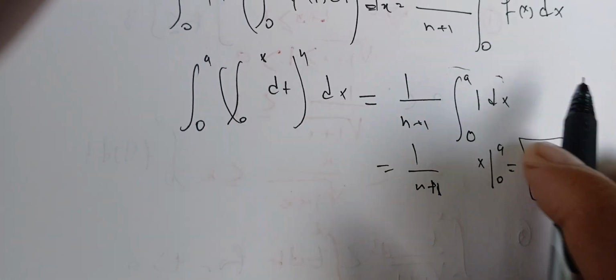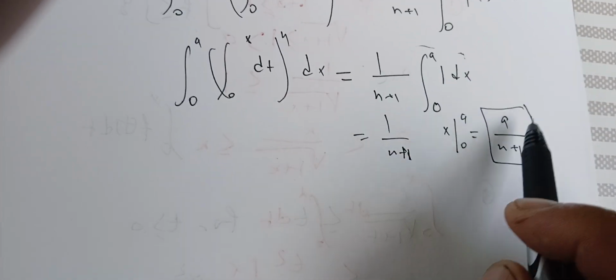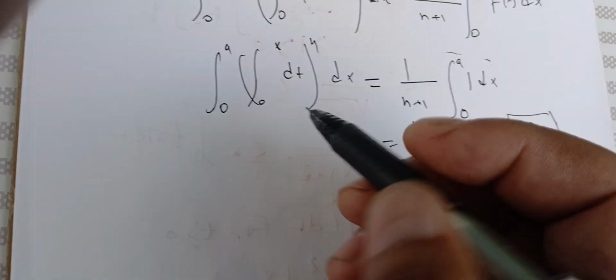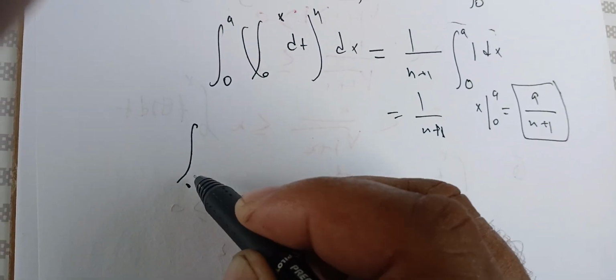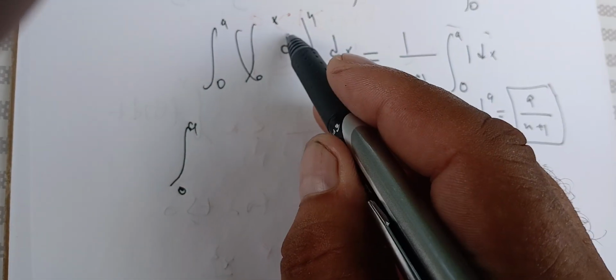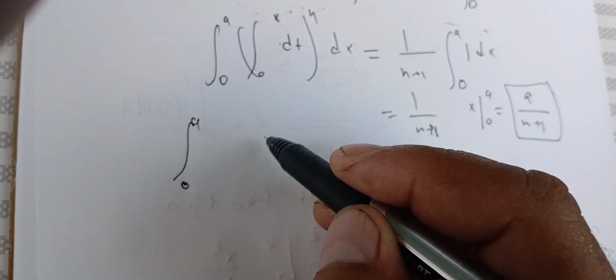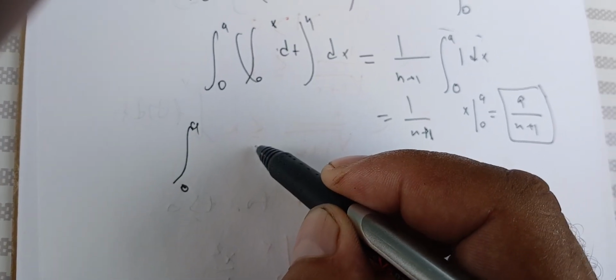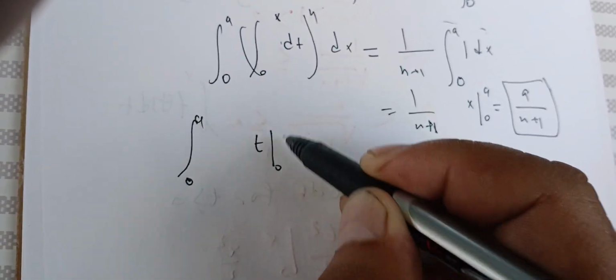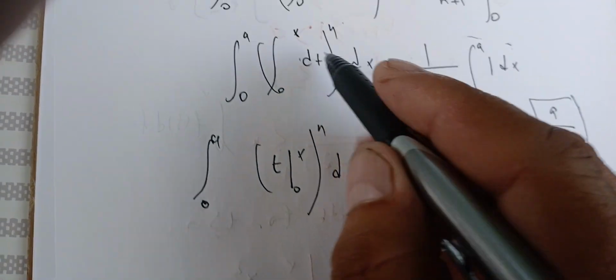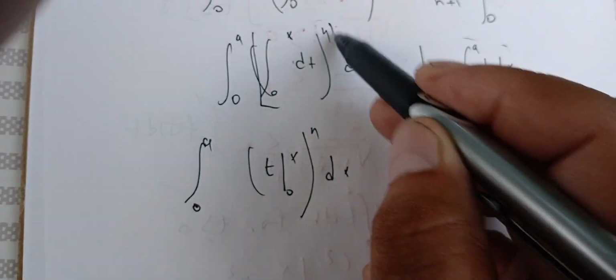So if this is true for f equals 1, then I should get the same thing here on the left side. Let's see what we get. I have the integral between 0 and a, and here when I integrate, I'm going to get t between 0 and x raised to the power n dx. Let's focus on this part here first.